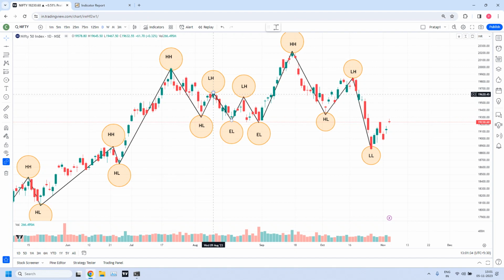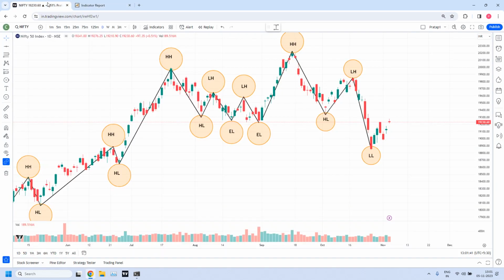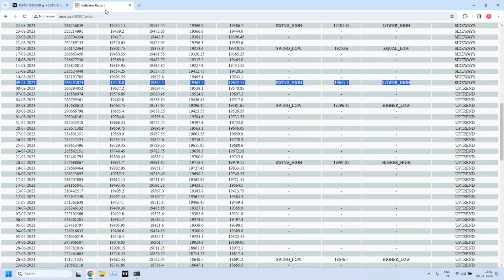Next, 9th August, we have lower high. Then on 18th August, equal low.